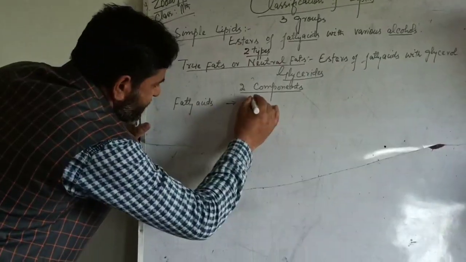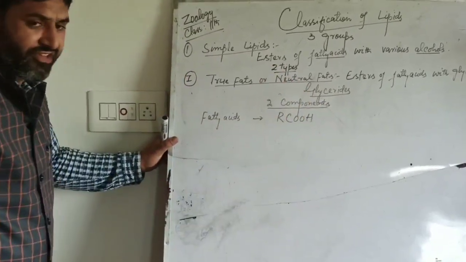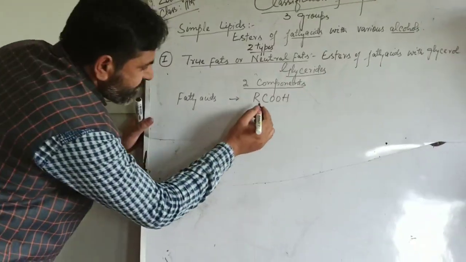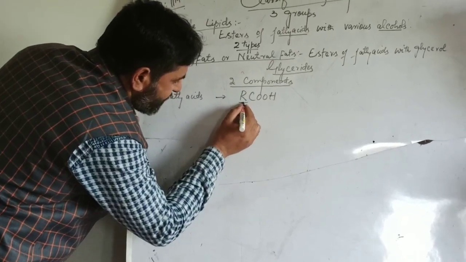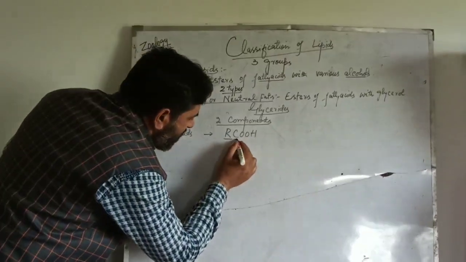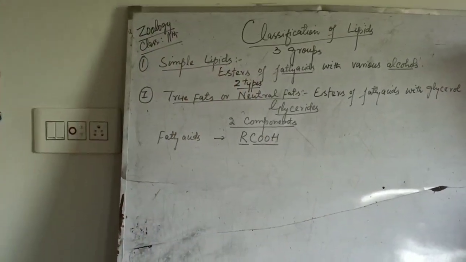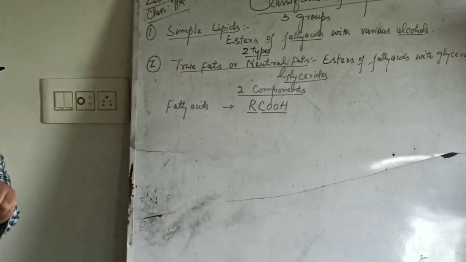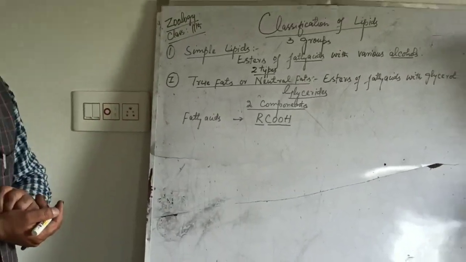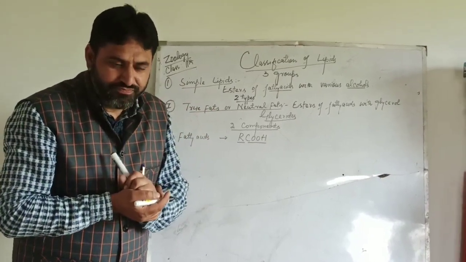Fatty acid has the general formula RCOOH. That means it consists of a hydrocarbon chain, represented by R, and a carboxylic group, COOH. This R is the hydrocarbon chain.